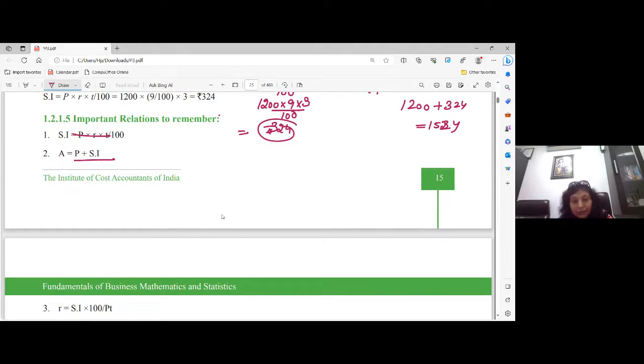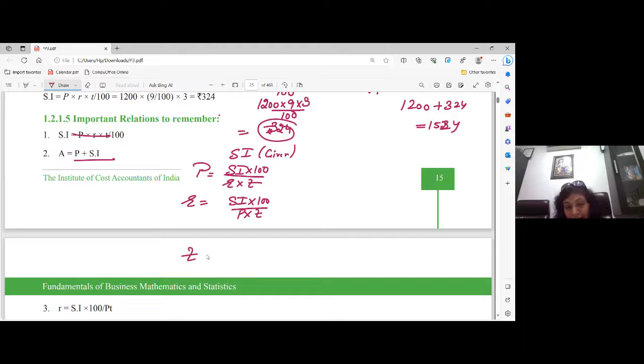Now suppose you have been given simple interest and you have to find out some missing item. If you have to find out principal, then principal is simple interest into 100 upon rate into time. To find out rate, it is simple interest into 100 upon principal into time. And if you want to find out the time, it is simple interest into 100 upon principal into rate.